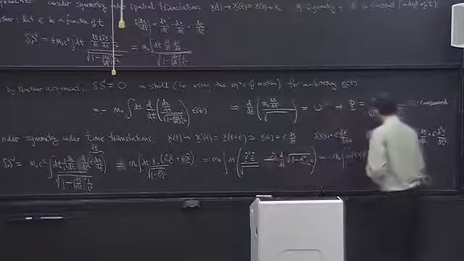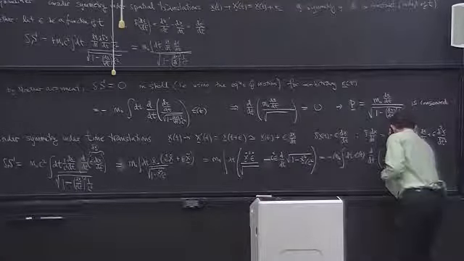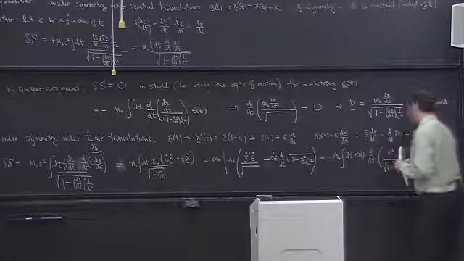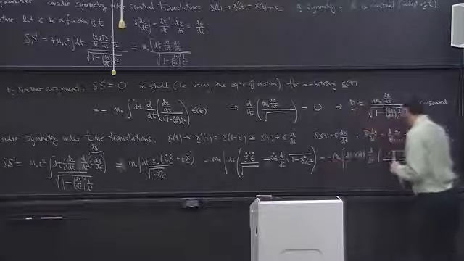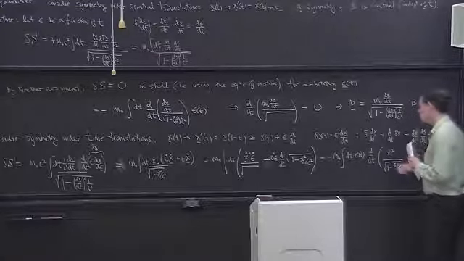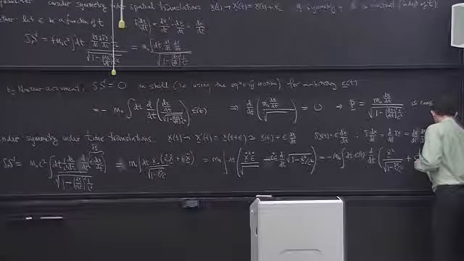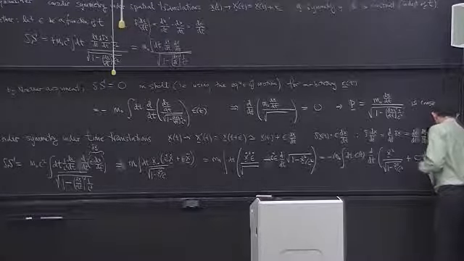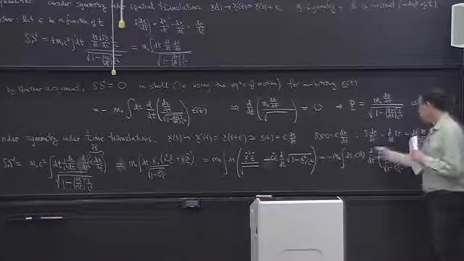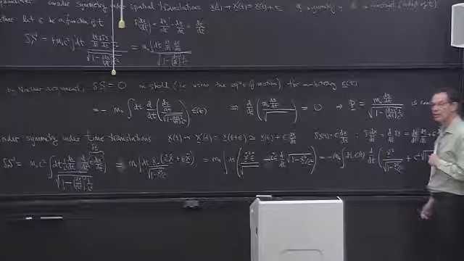Here I'm integrating by parts, so I've got x dot squared over square root 1 minus x dot squared over c squared. And in the second term, I have the minus sign already. So plus c squared. The epsilon I pull out. This is square root 1 minus x dot squared over c squared, close bracket. And this has to be 0 for arbitrary epsilon. Therefore, d by dt of this must be 0.